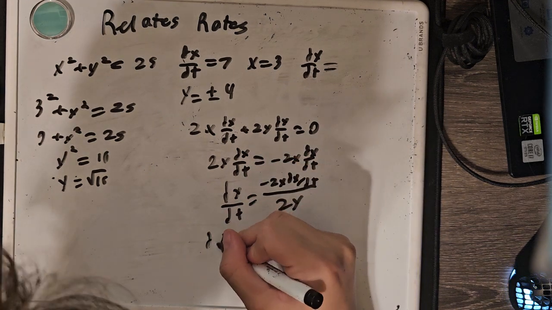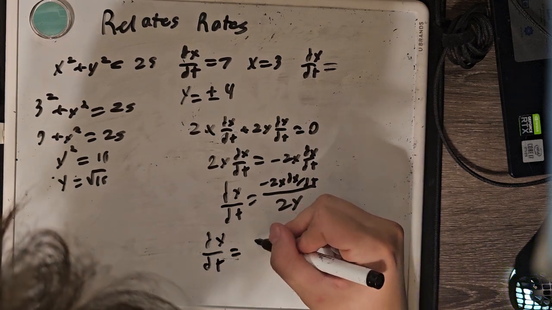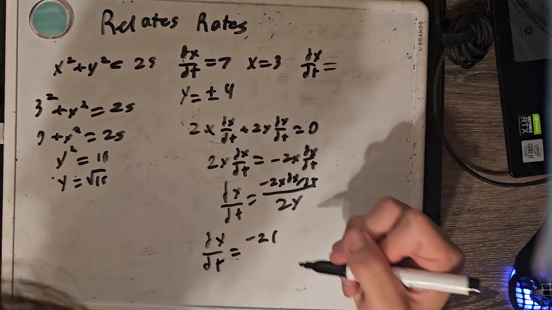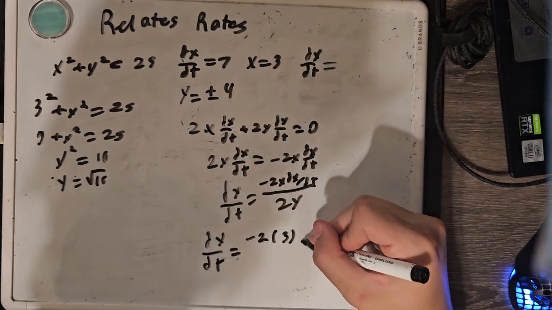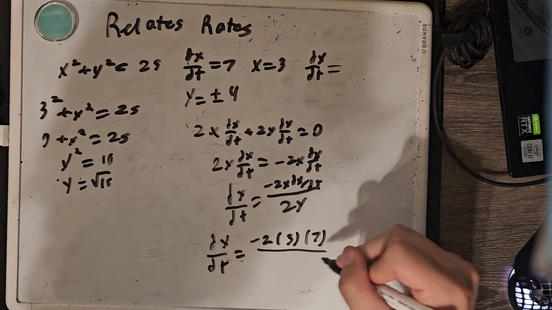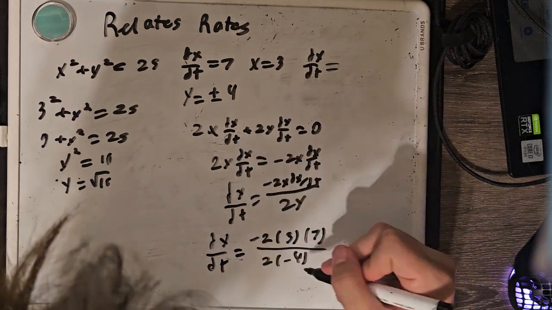So dy/dt is equal to negative 2, x is 3, times dx/dt, which is 7, over 2 times y, which is negative 4.